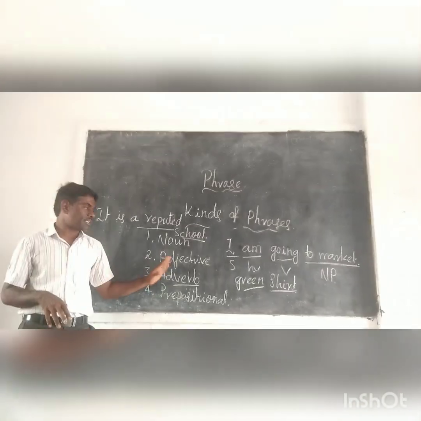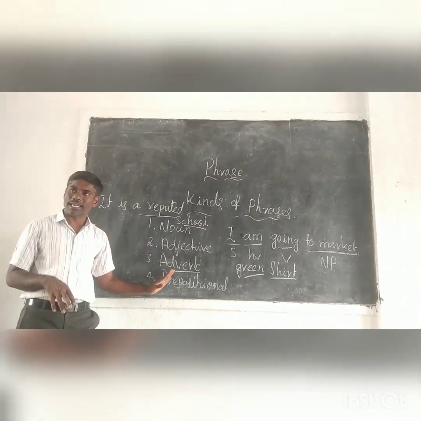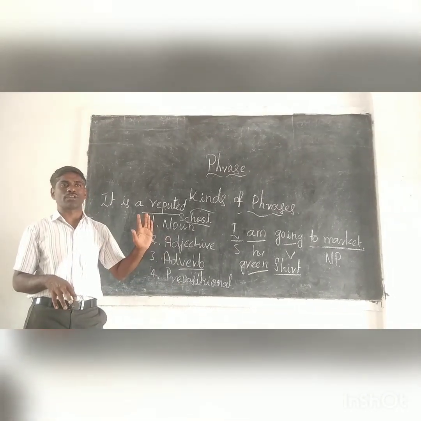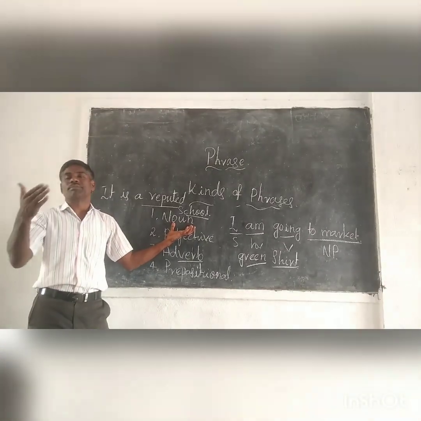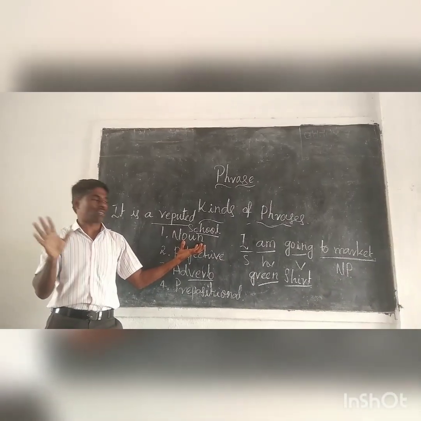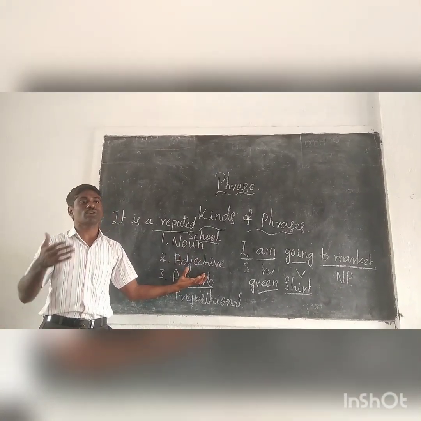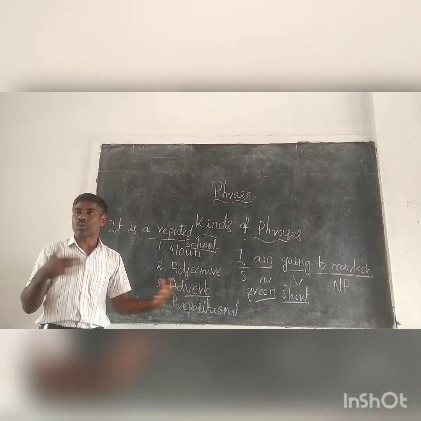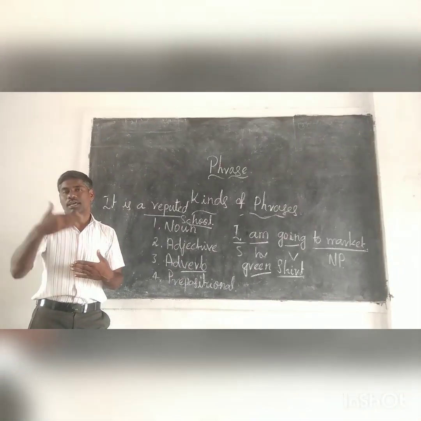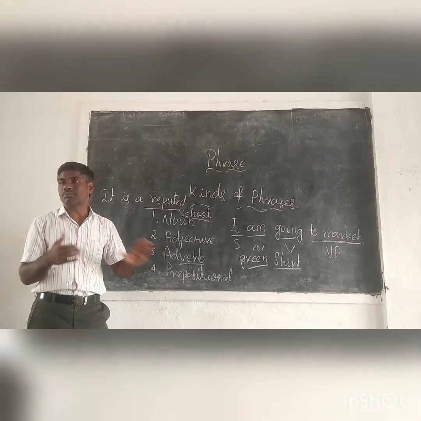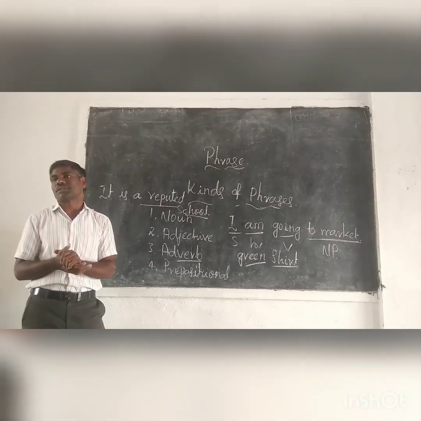Noun phrase, then adjective phrase, then adverb phrase, then prepositional phrase. Noun you already know, and the example for the noun, what is the adjective and its example, what is the verb and what is the adverb and its example, then what is the preposition and the examples for the preposition.